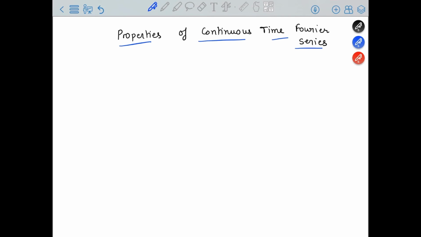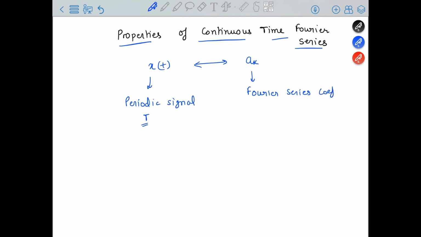So I'll just show you one convention which I'll use throughout this lecture. We will represent x(t) as our periodic signal with period T. So x(t) will denote the periodic signal having a period of T, and we'll represent a_k as the Fourier series coefficient corresponding to this signal, and this arrow denotes the Fourier series representation.